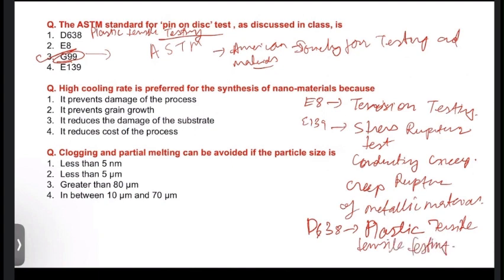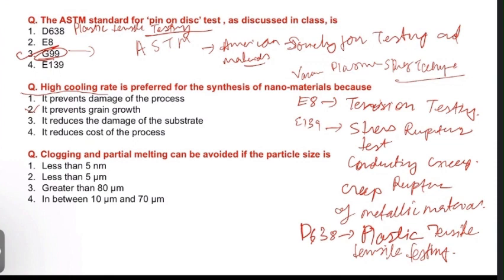Okay. Moving on to the next question. High cooling rate is preferred for the synthesis of nanomaterial because it prevents grain growth, the grain structure.